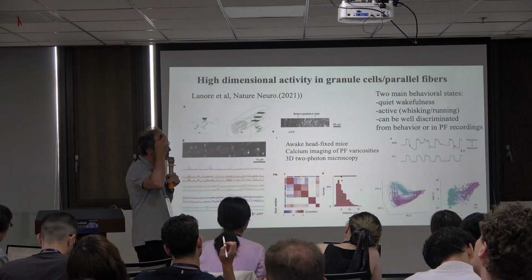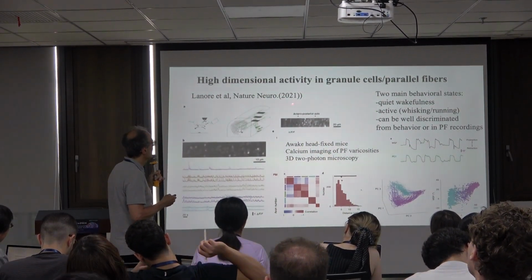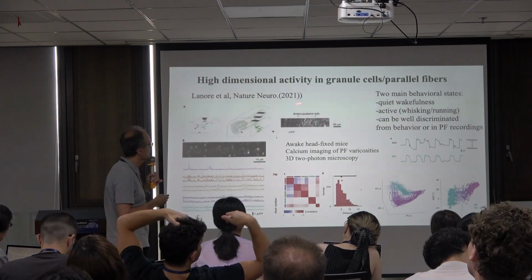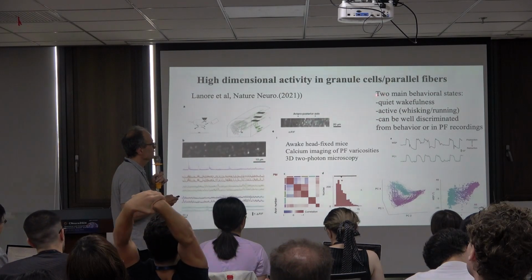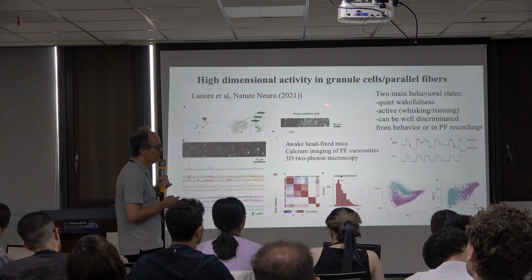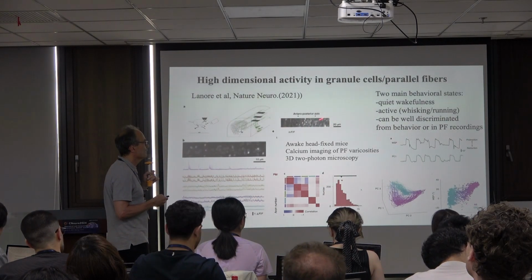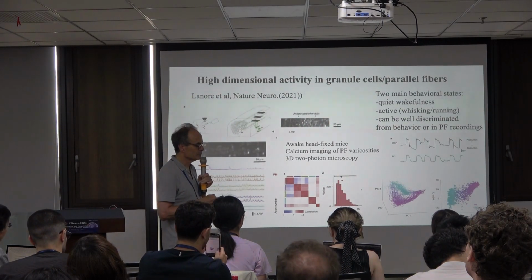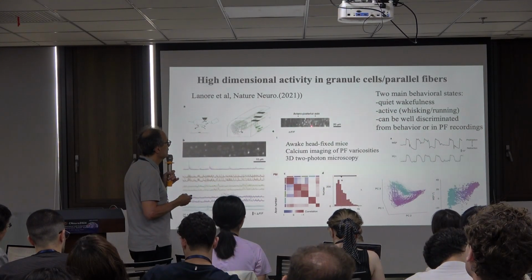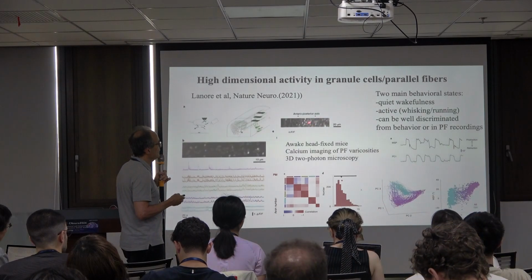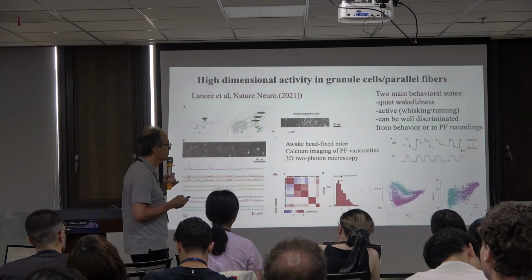So here I show you a paper from Angus Silver's group at Cambridge. And the idea is that, before this there were other papers saying, okay, actually we looked at the dimension of activity in this parallel fiber layer, and we find a low dimension.